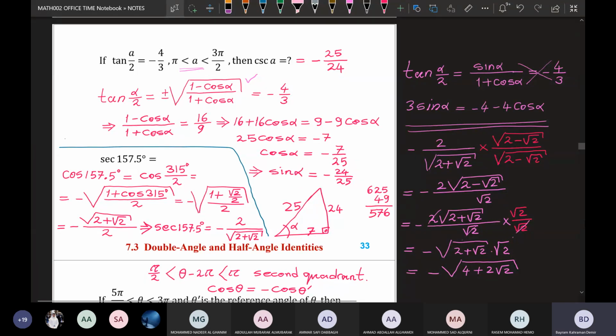So if somebody wonders where it is coming from, let me just separate this with a different color. Maybe with blue, I guess.